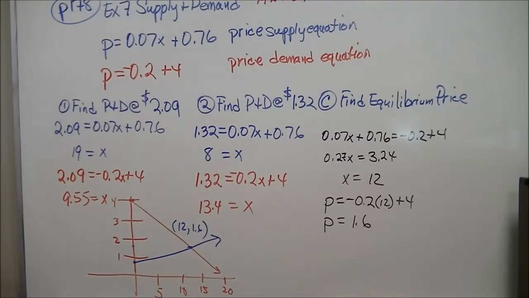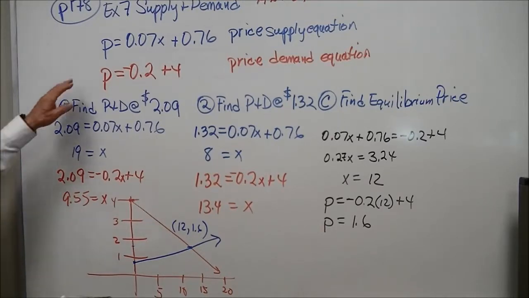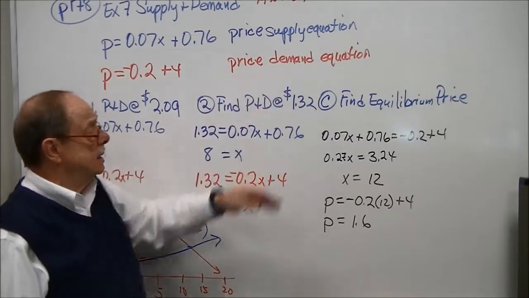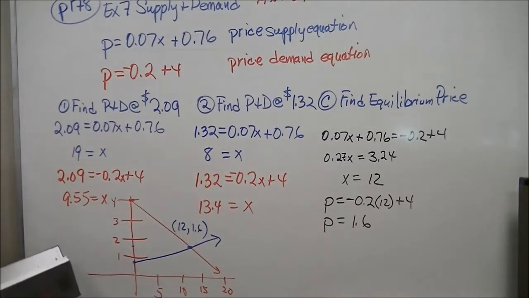All right, getting on to the last example, in section 1 of chapter 4, it deals with supply and demand. And it says the price supply and price demand equations for the sale of cherries in a large city are this. This is the price supply and this is the price demand.